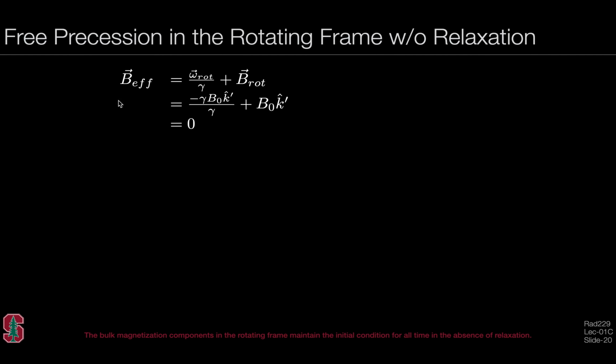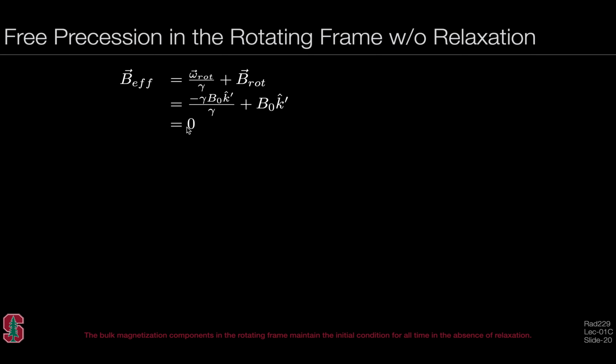So what's the B effective in this case? The B effective is the omega rotation divided by gamma, which in this case is just minus gamma B0 k hat prime, plus the externally applied B0 field described in the right coordinate system. And so we can see mathematically that the addition of these two terms just gives us that the B effective is 0.